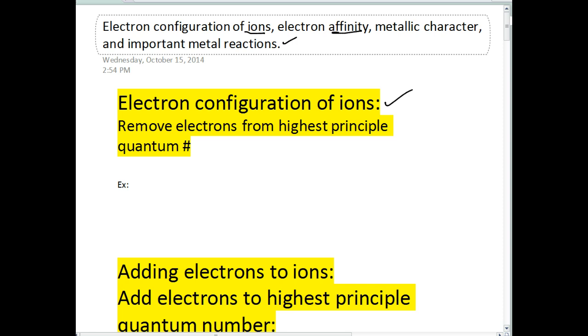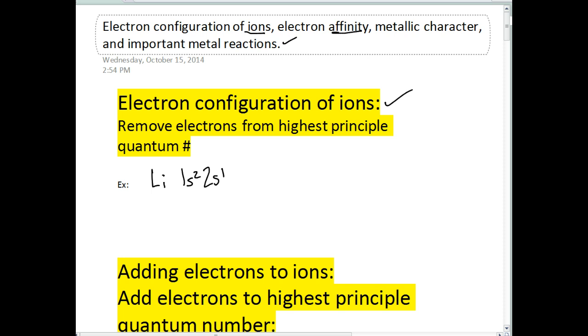When we create an ion and we're going to take electrons off of a neutral atom, we're going to remove those electrons from the highest principal quantum number. Let me give you an example. Let's say we take lithium in its neutral form and write the electron configuration: it's 1s2, 2s1, because lithium in a neutral form has 3 electrons.